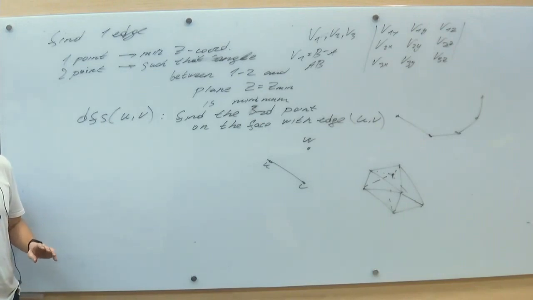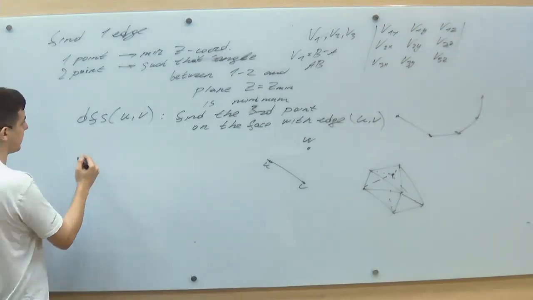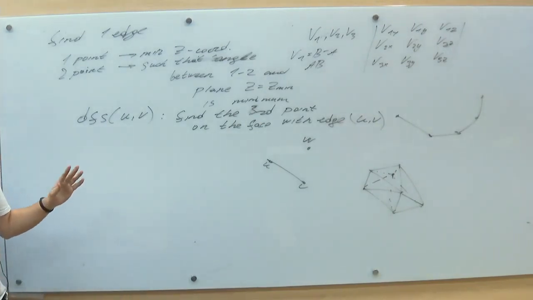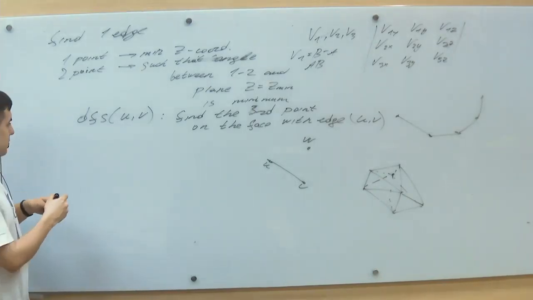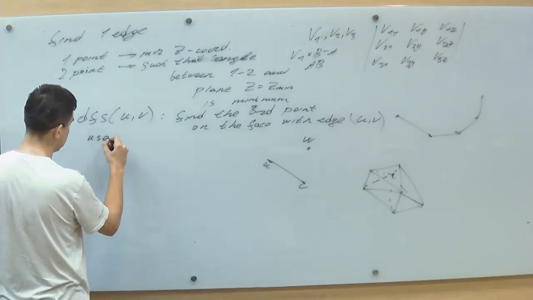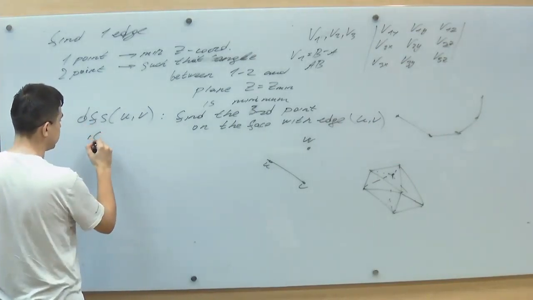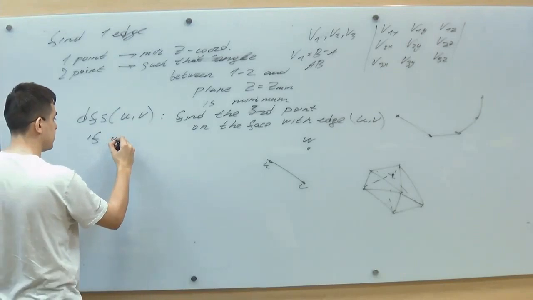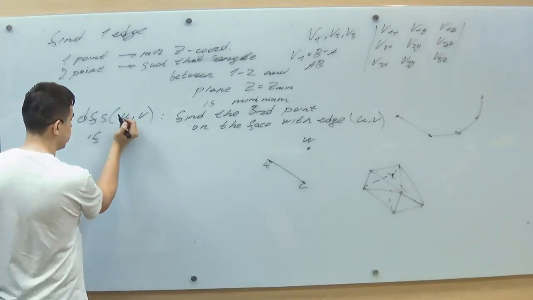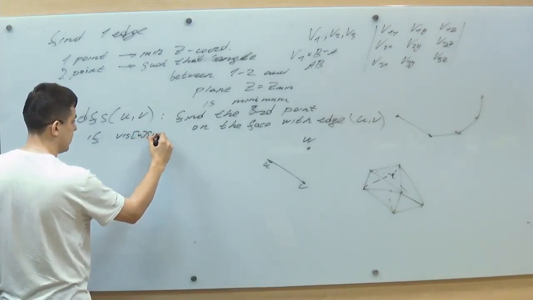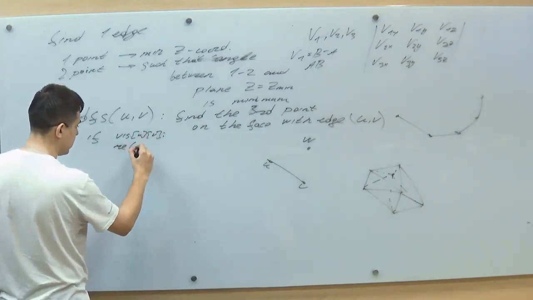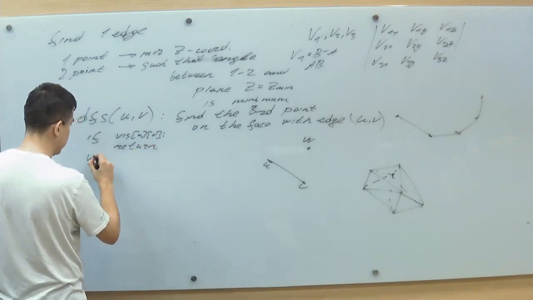Okay, let's do it. So, first of all, this is the DFS, so we might visit some edges more than once. In this case, we will mark them as used. So if visited U, V, we return, and then we mark it as visited.